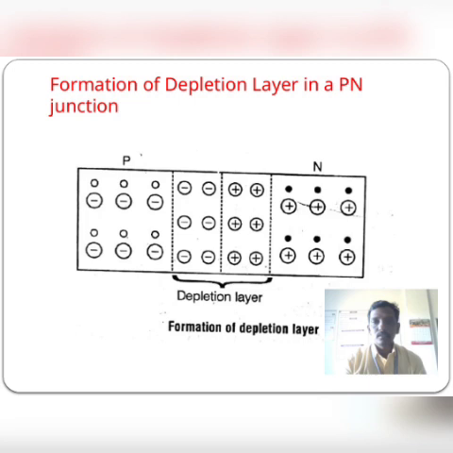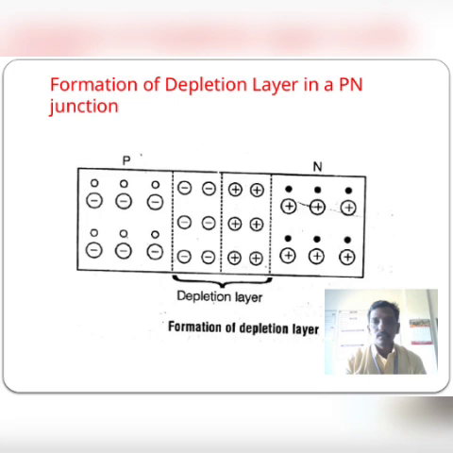Based on the concentration of the ions, they combine to form an electron hole pair. This region, where the electrons and holes recombine to form a layer, is known as the depletion region, and that layer is the depletion layer.